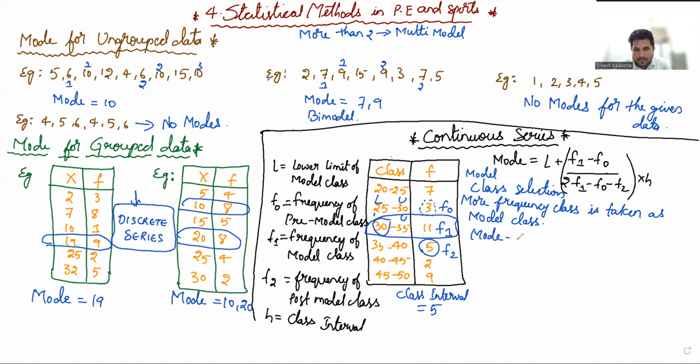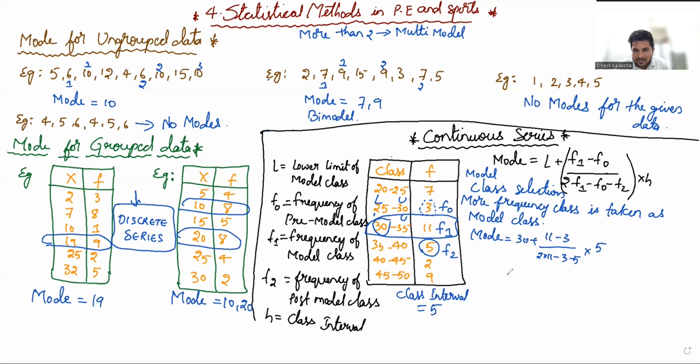Mode is equal to 30 plus (11 minus 3) by (2 into 11 minus 3 minus 5), into 5.